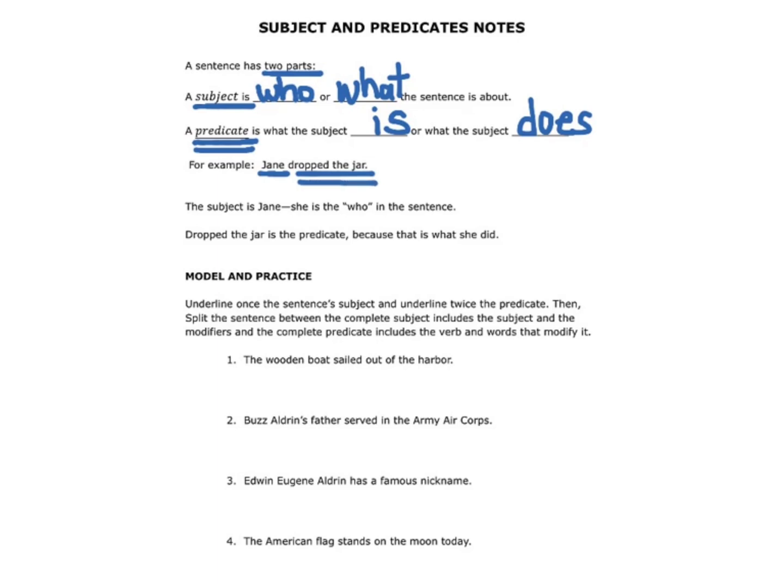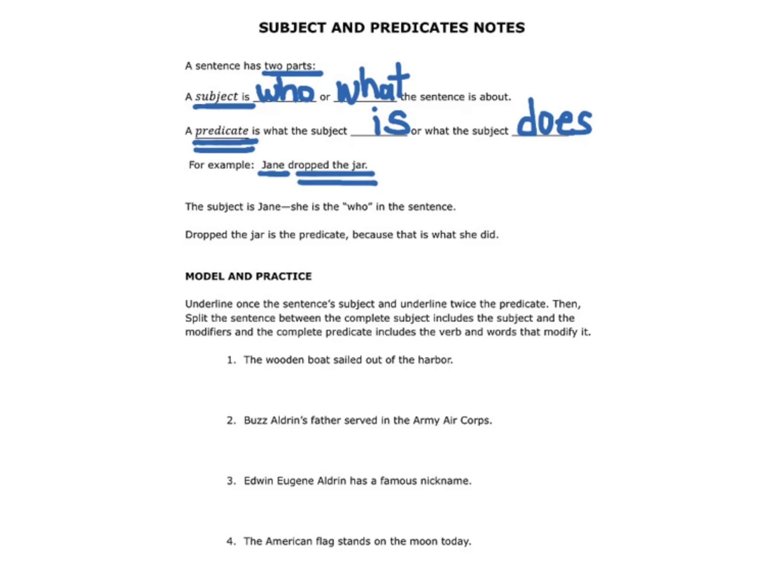And again, the subject is who or what. The predicate is what the subject is or does. So Jane does drop the jar. Therefore, Jane is the subject. Dropped the jar is the predicate.